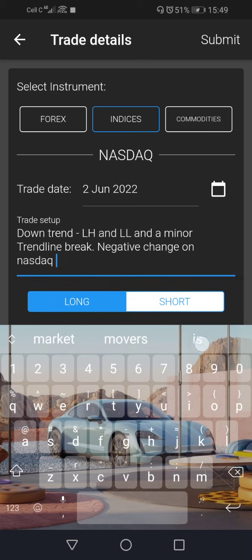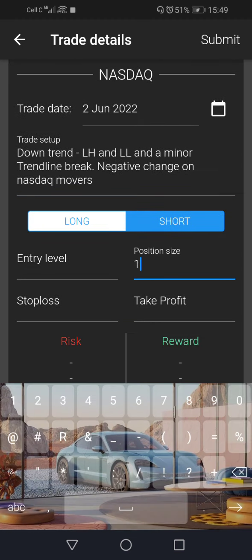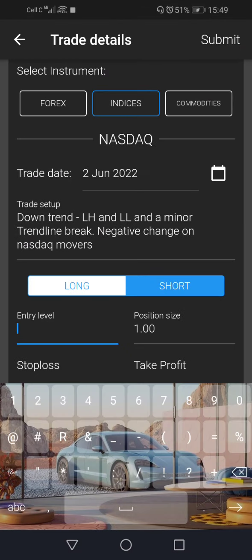This is the reason we entered the trade. We entered a short. We used one lot. You put whatever lot size you're using, and then I go back. I forgot how much we entered at. 12,846.30. That was my entry.